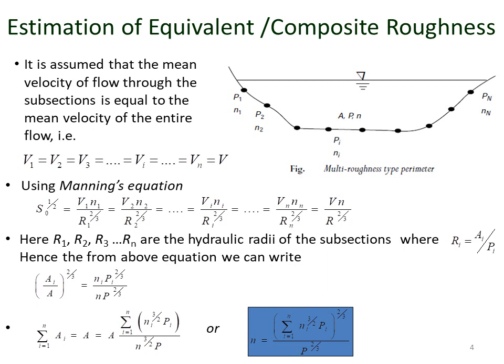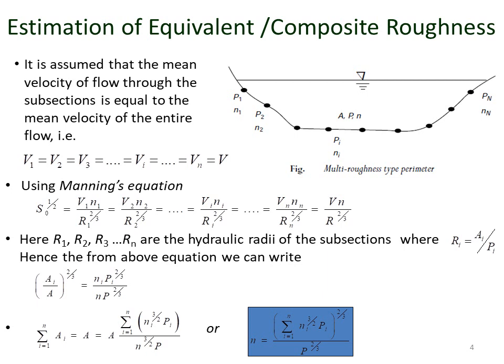So what we can write from the equation above is that Ai by A whole to the power 2/3 equals Ni Pi to the power 2/3 by N into P to the power 2/3. So for the ith section, we can write this equation that is given by what we just mentioned.